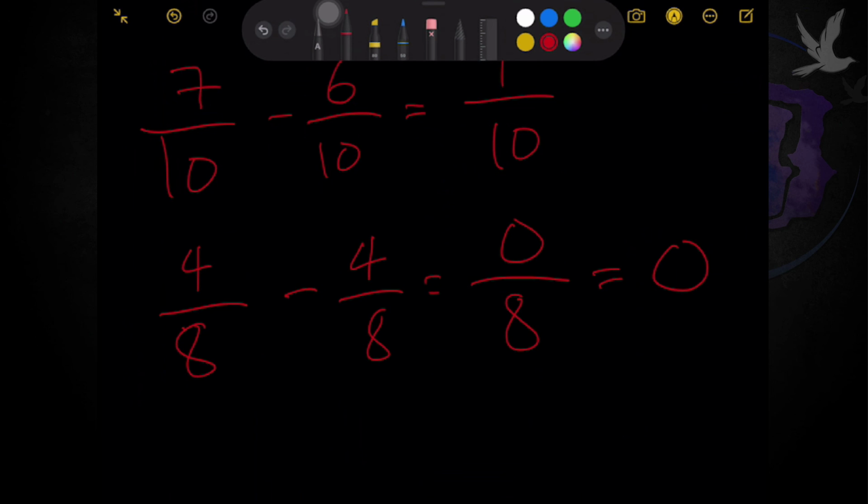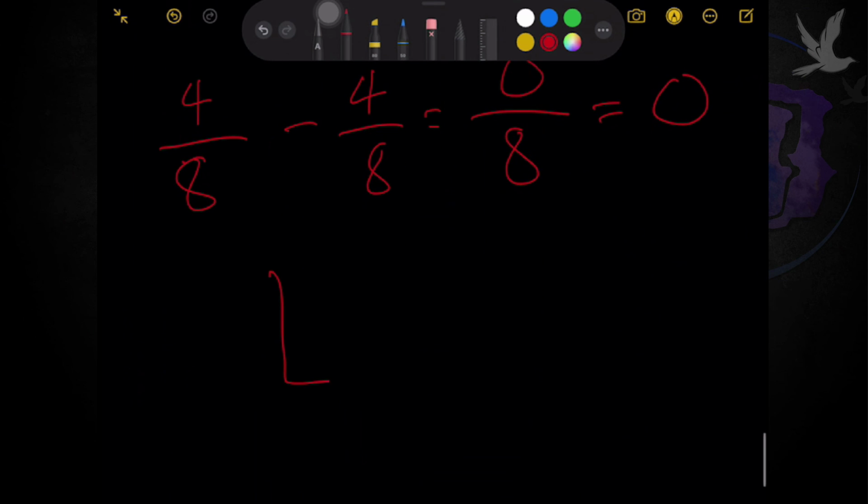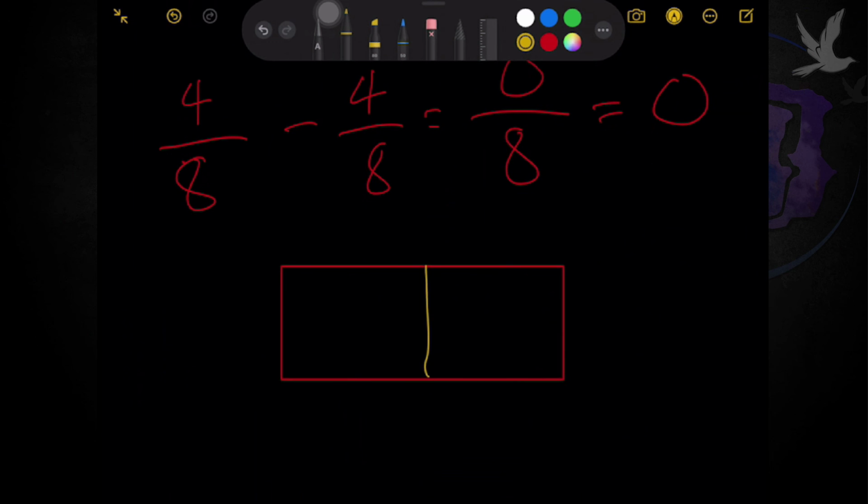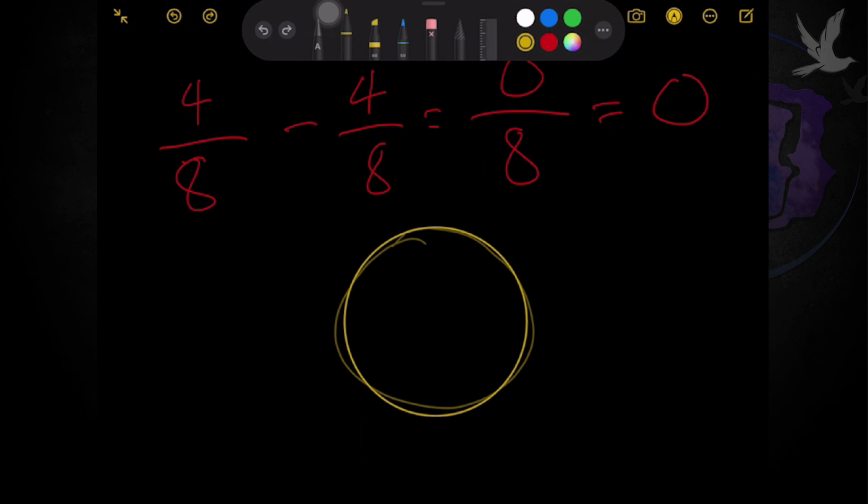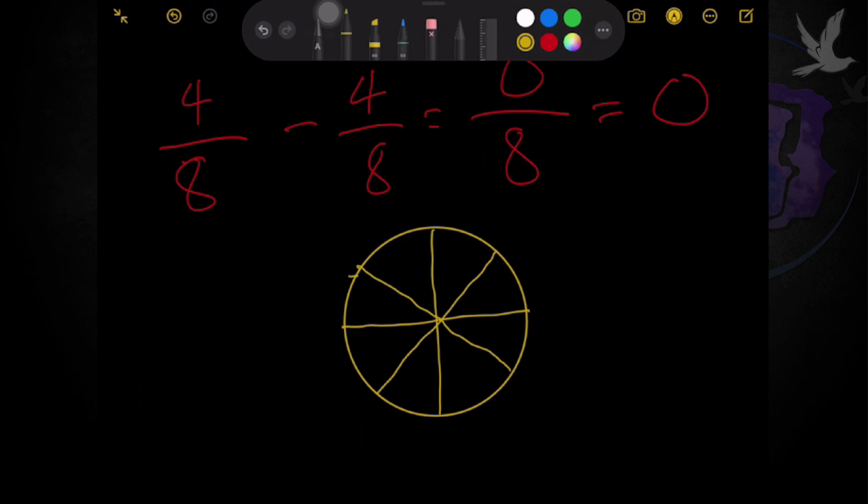Okay? So, for further illustration of this, if there are 8 slices of pizza, a weird looking pizza, okay, let's just make it a circle. 8 slices. The teacher might not be able to make it perfect, but that's fine. Just to show you the illustration. So, you have 8 slices.